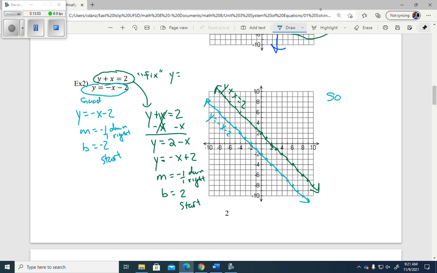So, what's the solution? Remember, the solution is supposed to be the point of intersection. There is no point of intersection.